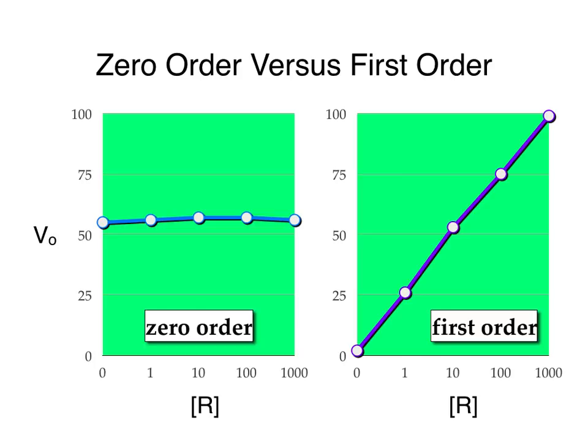It doesn't matter whether you have a lot or very little reactant, the reaction rate or V naught remains the same. On the other hand, on the right side of your screen, you have first order kinetics wherein the reaction rate or V naught depends on the concentration of reactant. More reactant means a faster reaction rate.